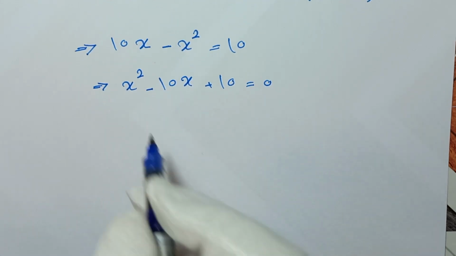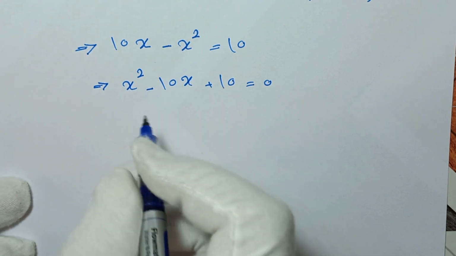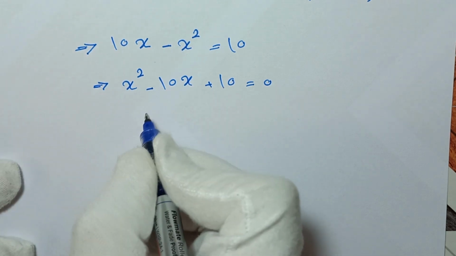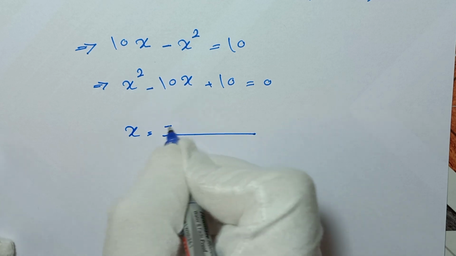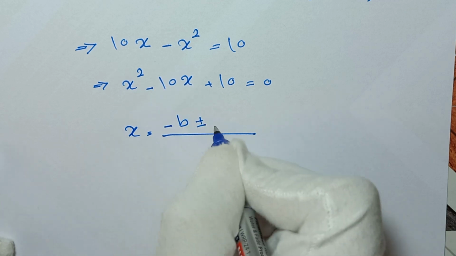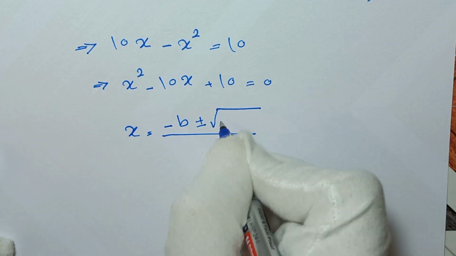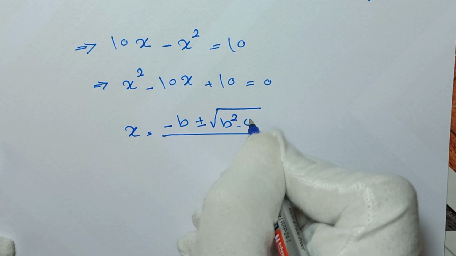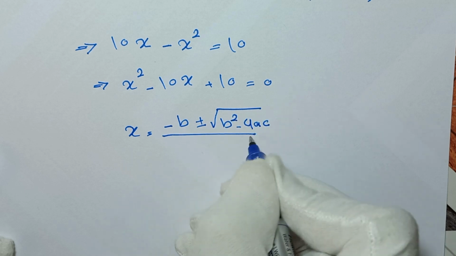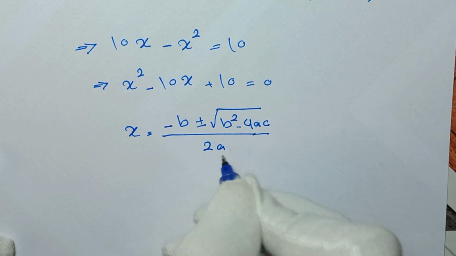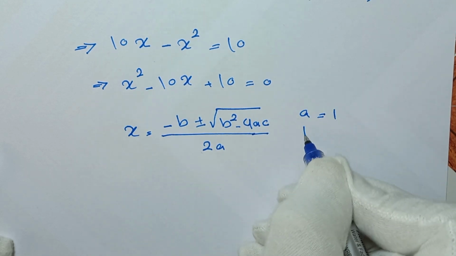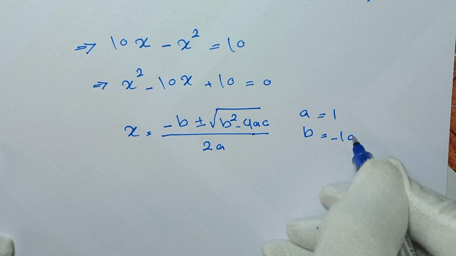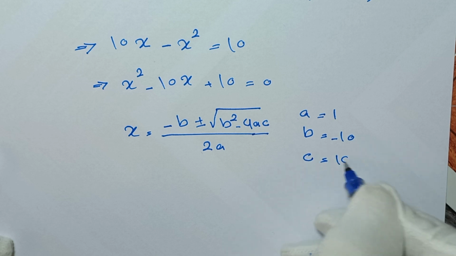So in here we have a quadratic equation, and we use the quadratic formula, which is x is equal to negative b plus or minus square root of b squared minus 4ac, over 2a, where a is the coefficient of x squared, which is 1, b is the coefficient of x, which is negative 10, and c is the constant, which is 10.